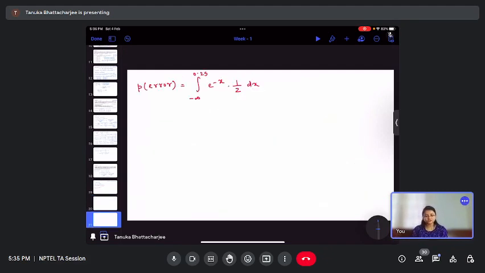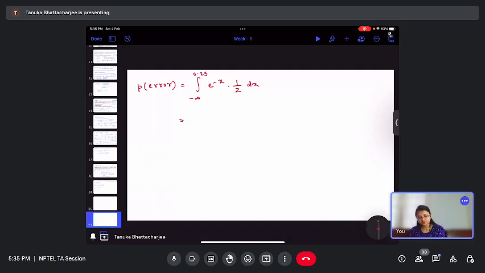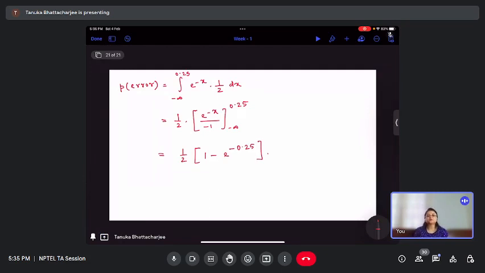So you are simply left with this particular expression. You can simplify this expression to get the final value, which is 1 minus e to the power minus 0.25, half of this. So this is the final probability of error.